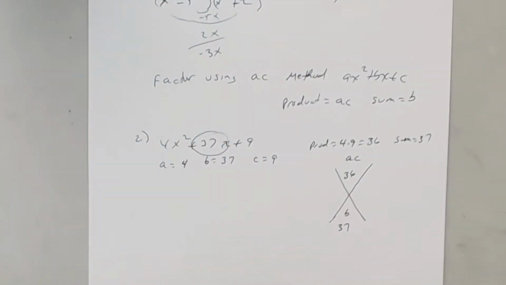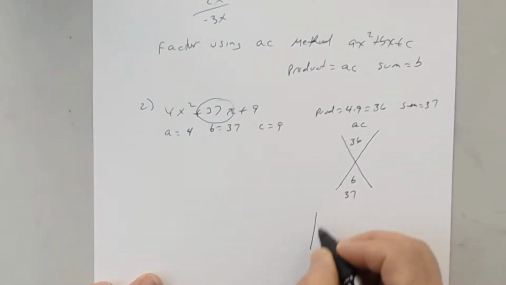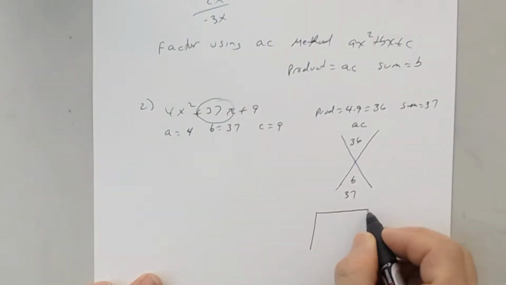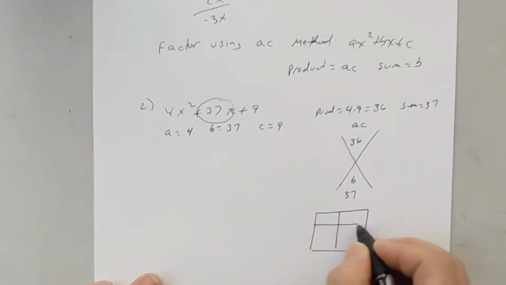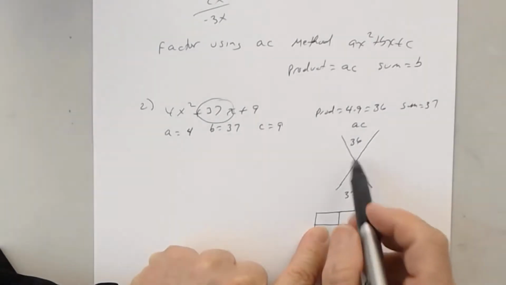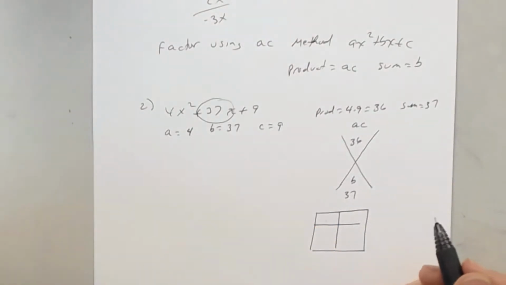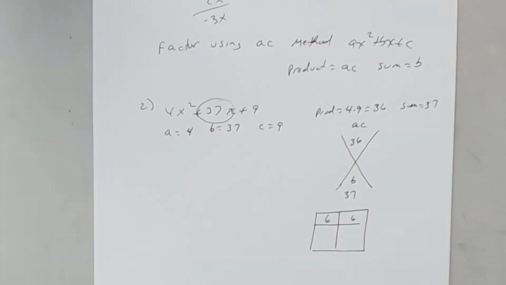In some cases, very obvious. But if it's not obvious, then do a table to help you come up with those numbers. Do a table and then ask yourself, what 2 numbers can I put here and that product's 36? Well, there's 6 times 6, right? 6 times 6 is 36.